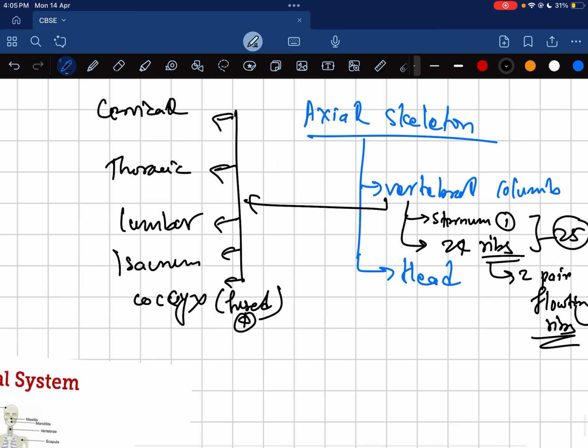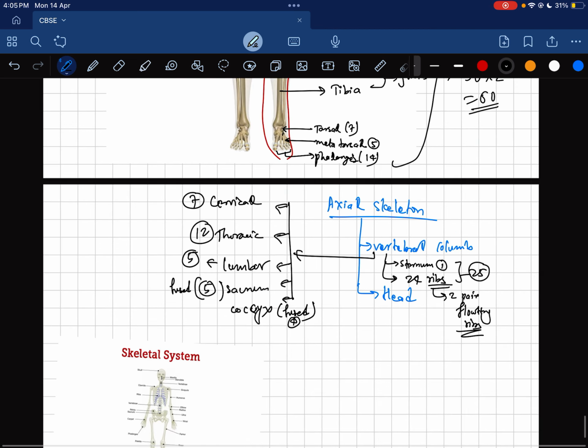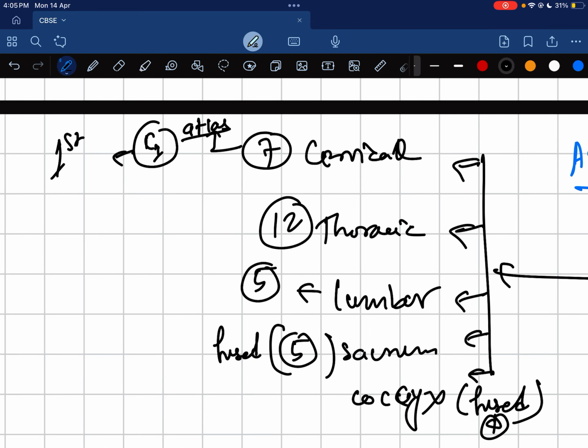In the sacrum there are also fused bones, 5 fused bones. And the lumbar is not fused. There are 5 lumbar bones, 12 thoracic and 7 cervical. The cervical has the initial bone called the atlas. It is the first bone, C1, which connects with the occipital bone of the head.